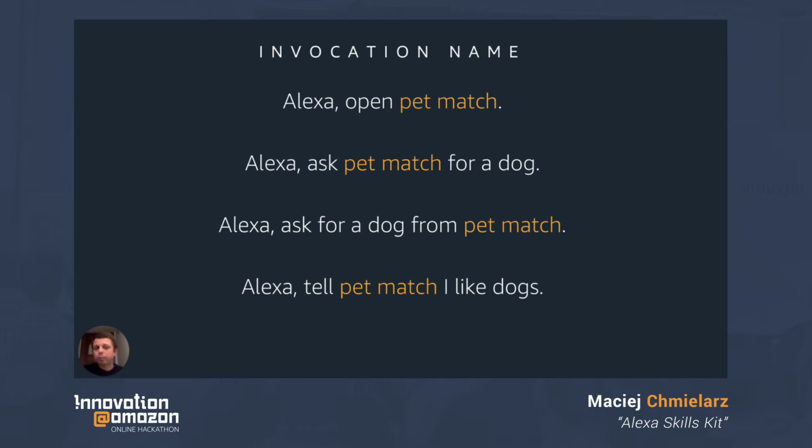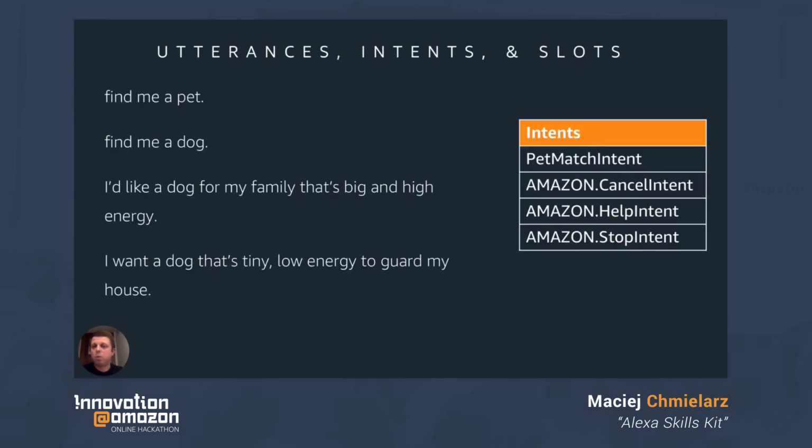So this is a bit more complex use case with more information to be provided. For example, a user can say, I would like a dog for my family that's big and high energy. And that is going to be put into a pet match intent with 4 slots: the kind of pet, the use case for which this pet is needed, the size of the pet, and the energy that this pet should have.